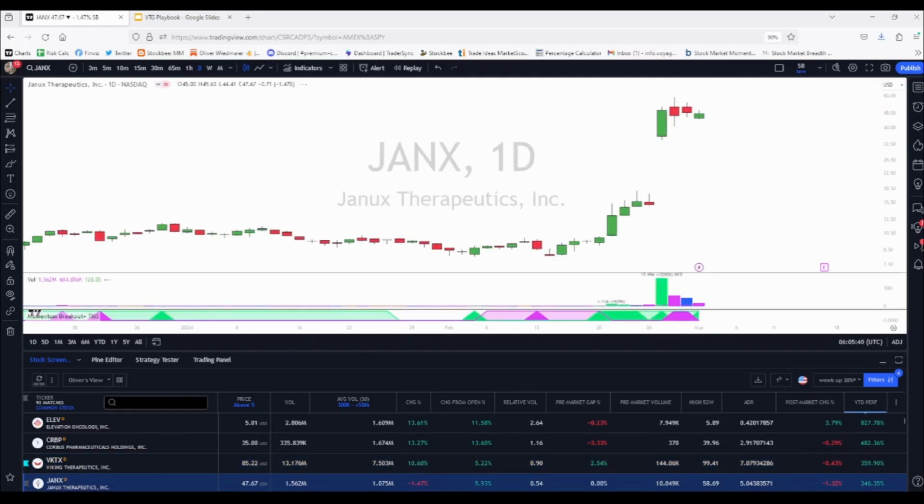Same exact thing here. It has this big ignite candle. Let me mark it. This trade, 220% on 3,200% volume, which is insane.